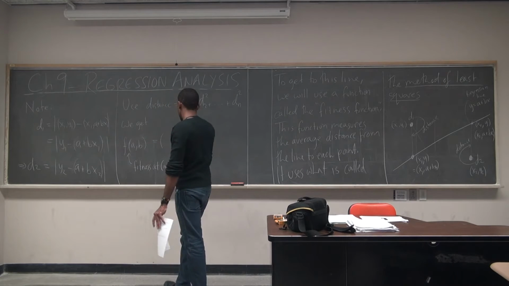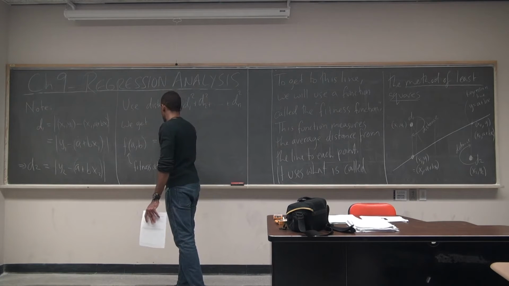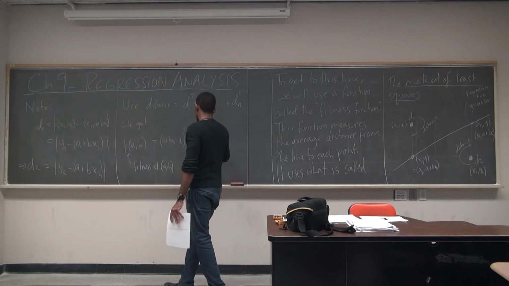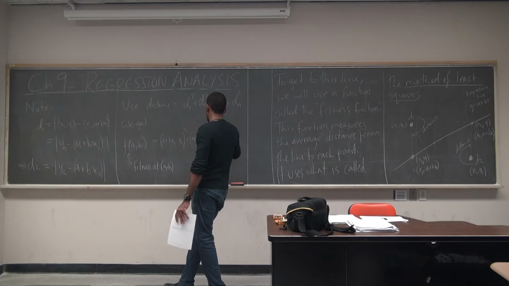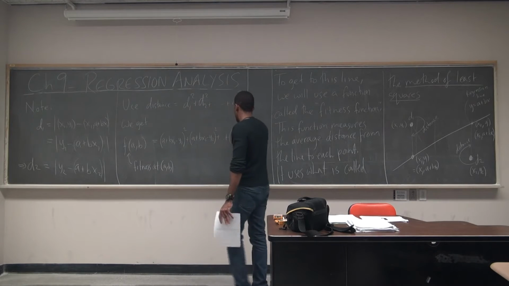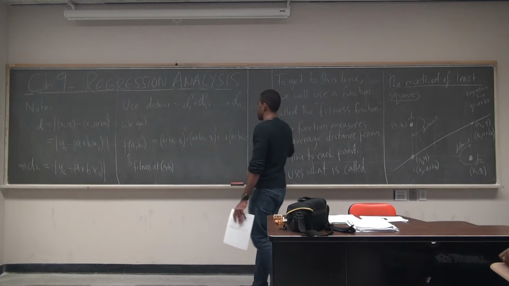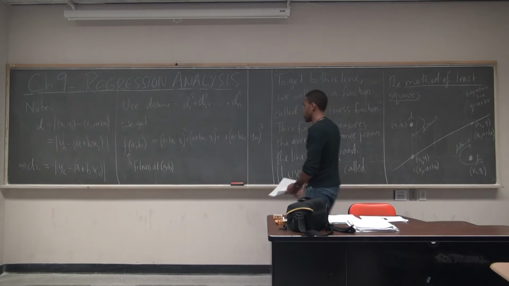So I just plug in these values. So it's (a plus b x1 minus y1) squared, plus (a plus b x2 minus y2) squared, up to (a plus b xn minus yn) squared. Sort of a distance formula approach.